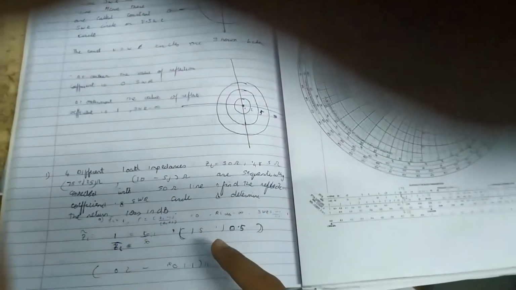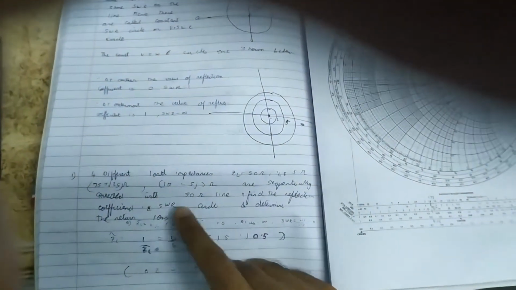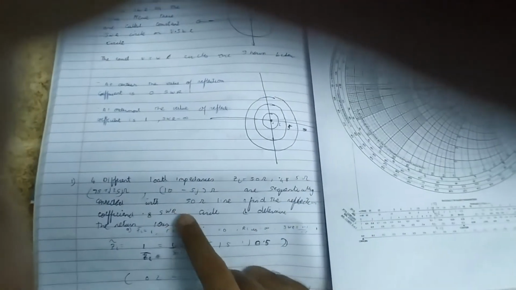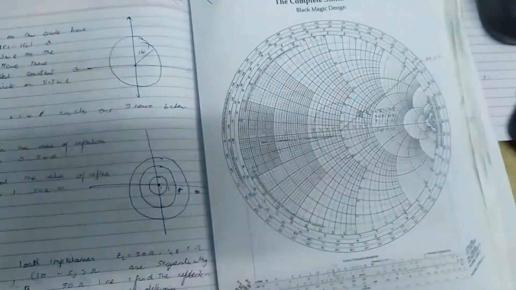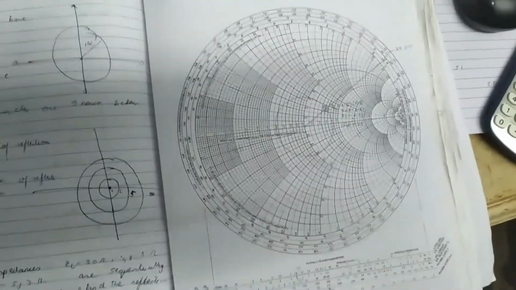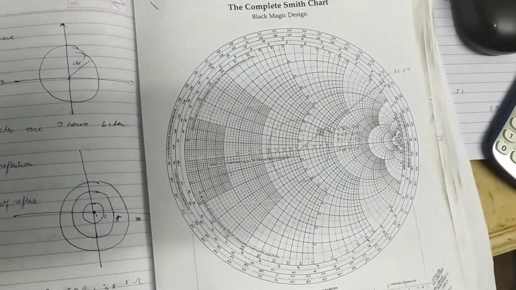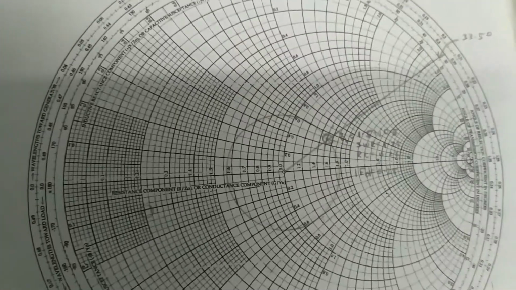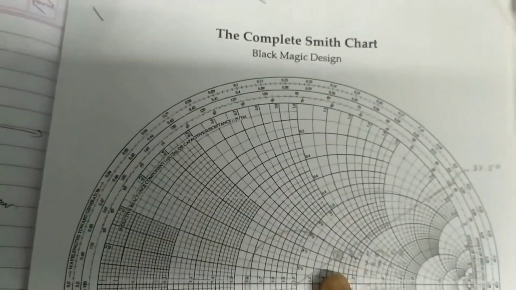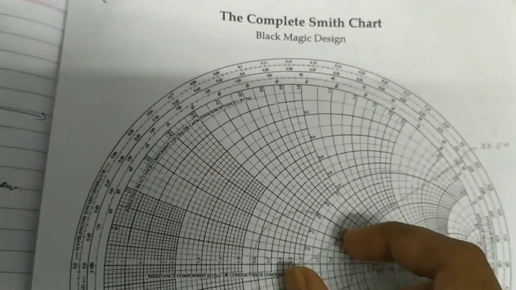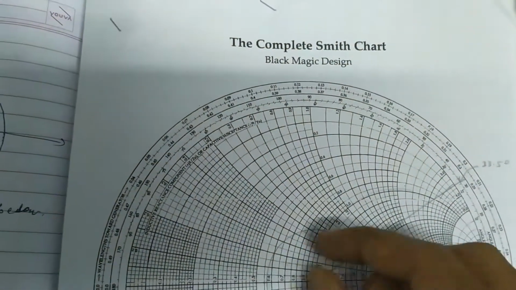So in this problem we have to find the reflection coefficient, SWR circle and the return loss in dB. So first plot the Zn normalized value and with this radius draw the VSWR circle.